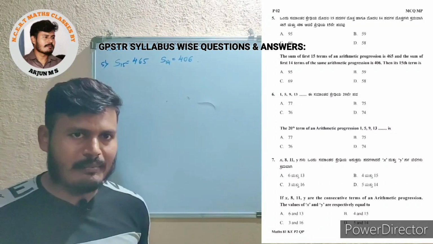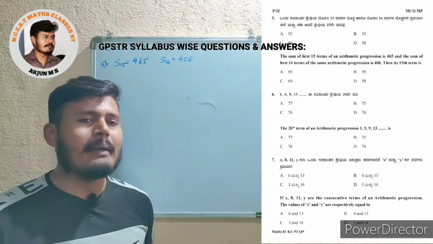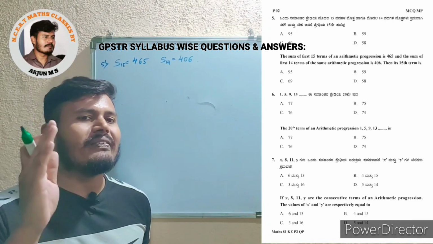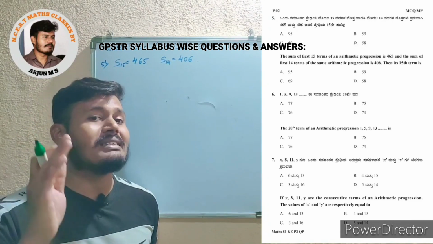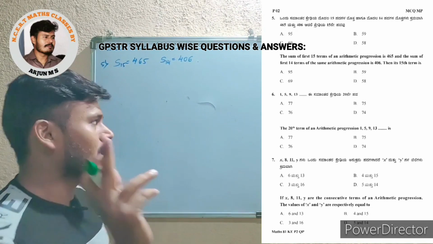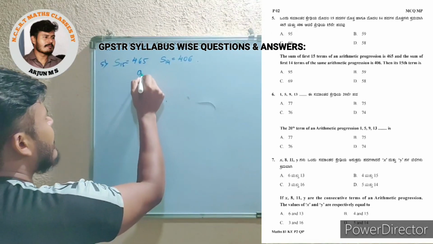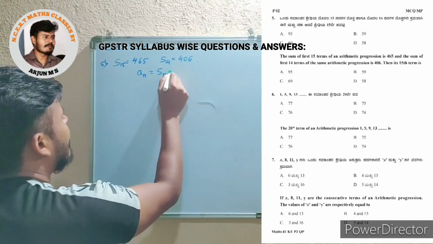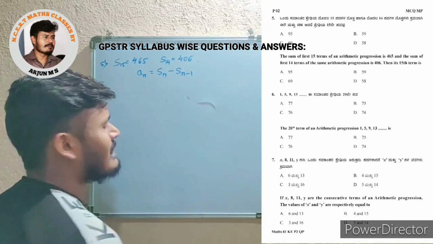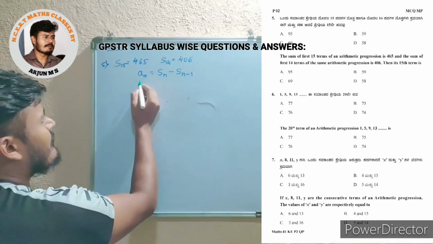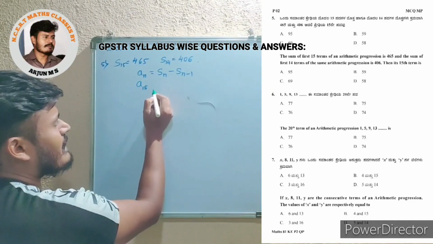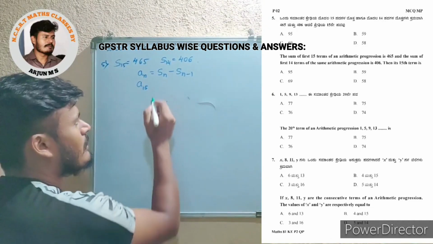We have one condition, right? Nth term of any AP is equal to the sum of first n terms minus sum of first n minus 1 terms. You just observe the condition here. An is equal to Sn minus Sn minus 1. So this is the simple condition. We have to find out A15 here because we want the 15th term.